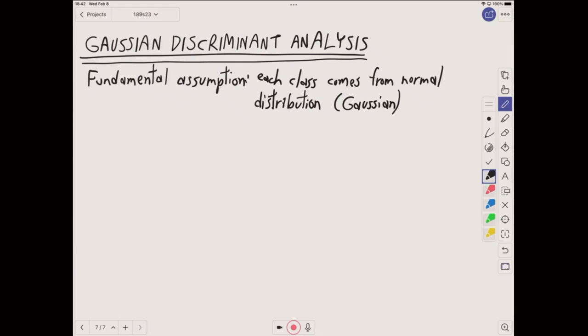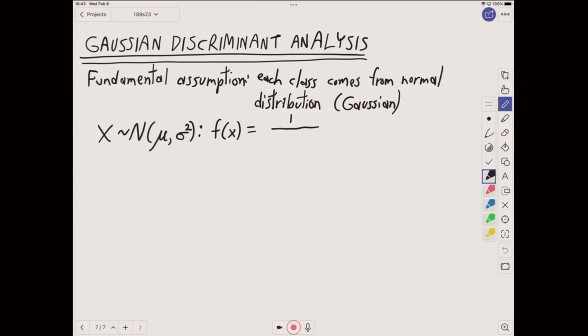And the way we write a random variable x that comes from a normal distribution is like this: X tilde N, for normal distribution, with parameters mu, the mean, and sigma squared, the variance. And it has the following PDF.